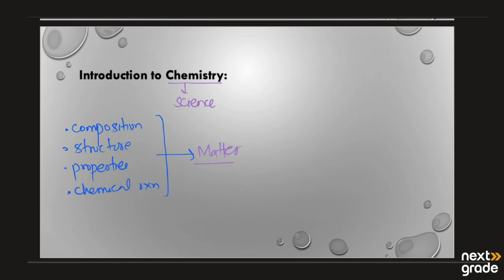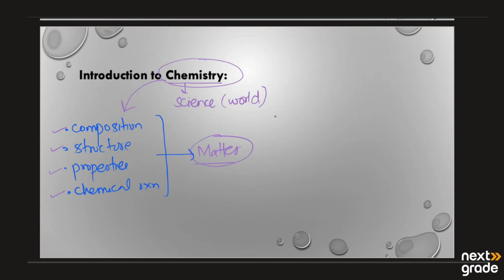So science is the understanding of the world, but science has a branch known as chemistry, and in chemistry we mainly deal with the study of composition, structure, properties, and chemical reactions of matter.